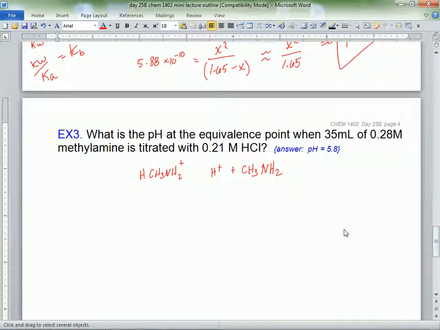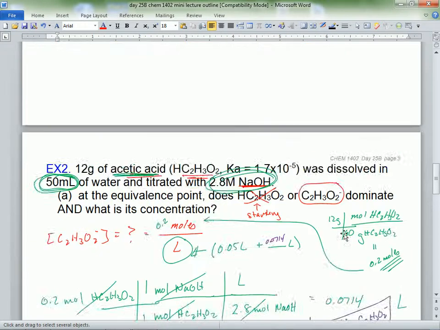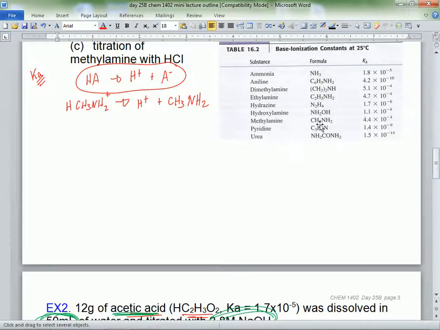Methylamine Kb is 4.4 times 10 to the negative 4.